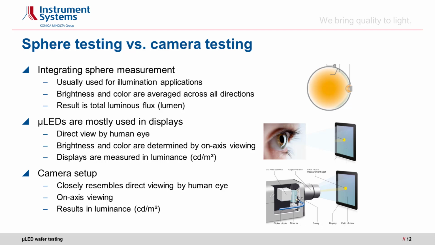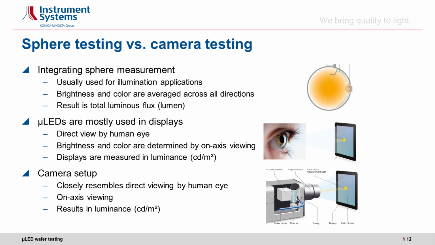Since it's the standard test method for all bigger luminaires used in illumination, this is also the preferred testing method for LEDs used in illumination applications. The brightness and the color are averaged across all directions by means of the integrating sphere, and the result is total luminous flux, and this total means averaged over all directions.